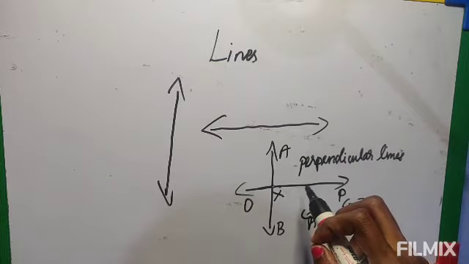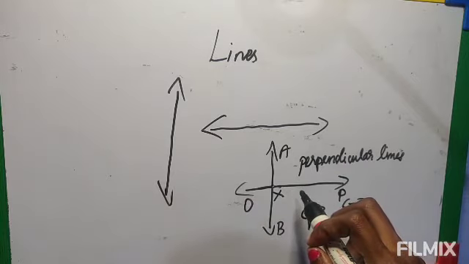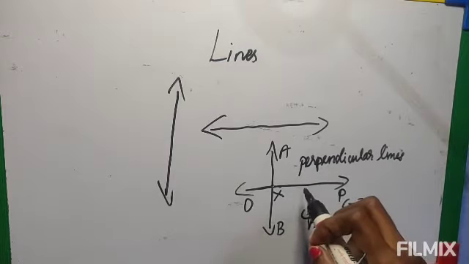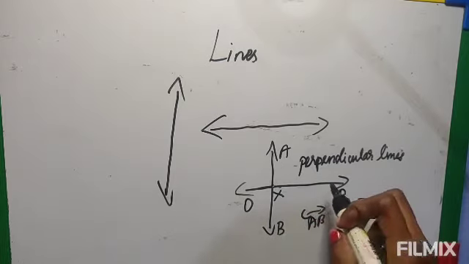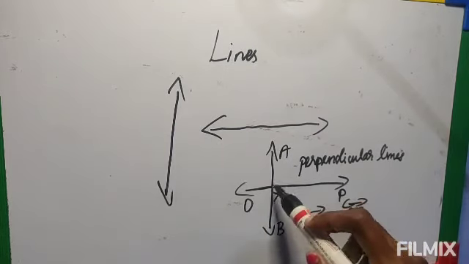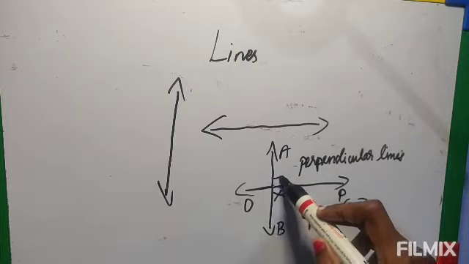This is newly given, I am giving the explanation like this. Actually the proper explanation you will learn in higher classes. If two lines meet each other at 90 degrees, they are called perpendicular lines. Since you have not learned angles, that's why they have given horizontal line and vertical line, okay. But the proper explanation is, if they meet each other at 90 degrees, this is 90 degrees.